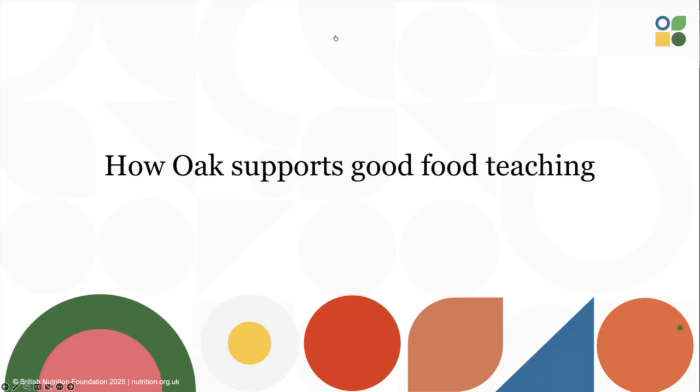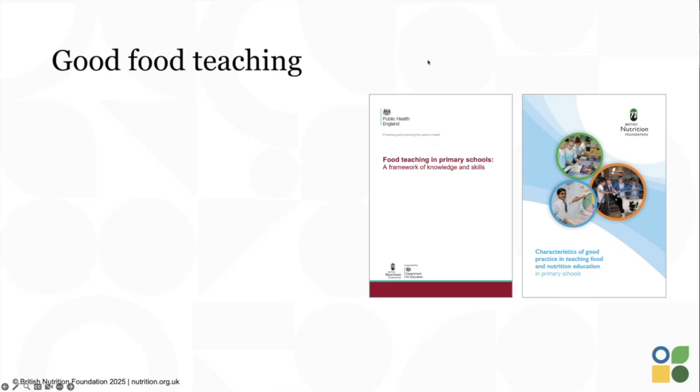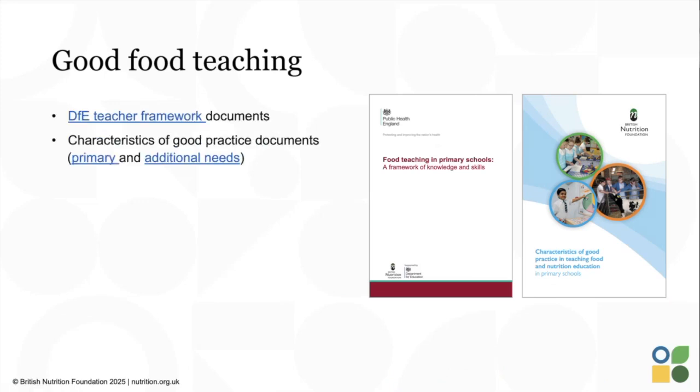Thanks, Roy. So when we were putting together the curriculum and the resources, what we wanted to do was really take a step back and have a think about, if we're going to write a new curriculum, which we were doing, what documents, what guidance would we really want to look at in order to put together a curriculum which was helpful and good for now, but also looked forward to the future, but also took into account all of the aspects about what makes good food teaching.